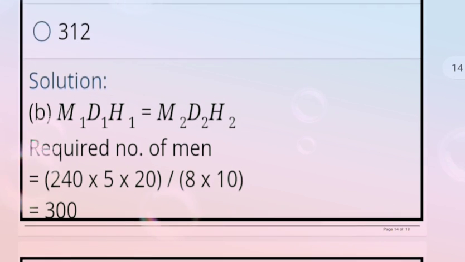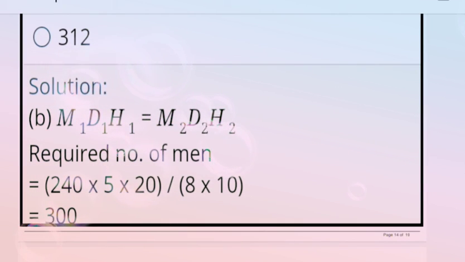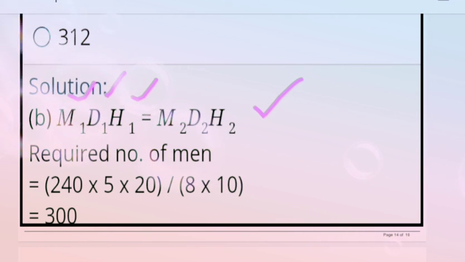The formula is very simple: m1 into d1 into h1 is equal to m2 into d2 into h2. Here m is men, d is days, and h is hours per day. After putting in all the values, we get 300 men required for 10 days. Now come to the next question.